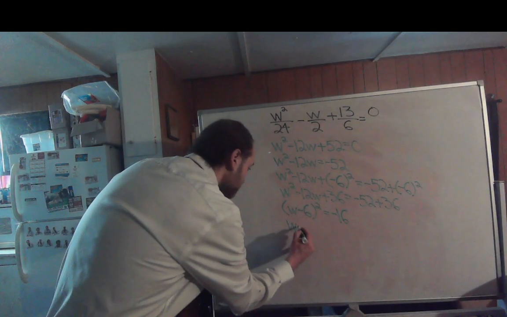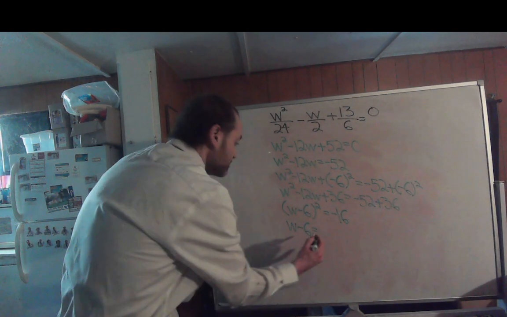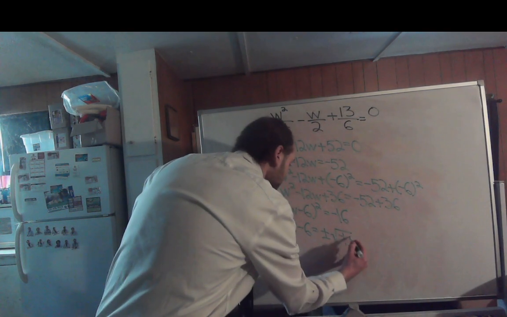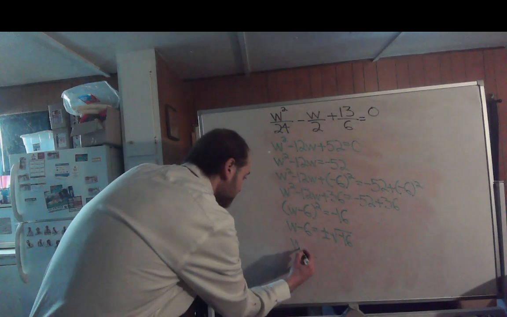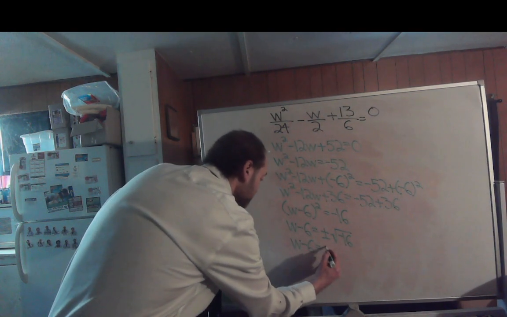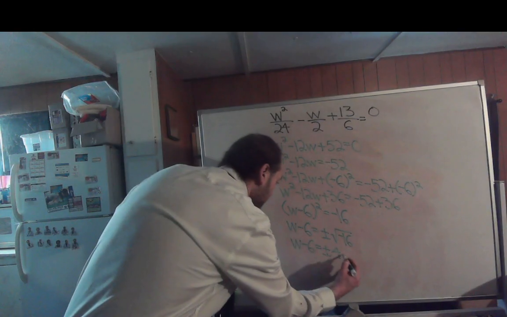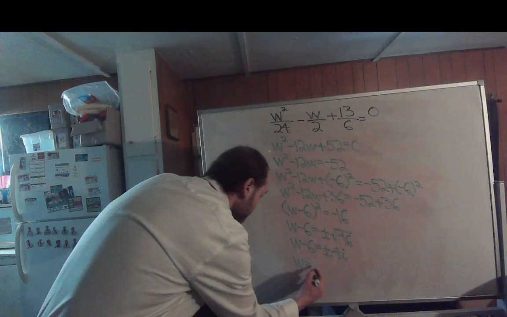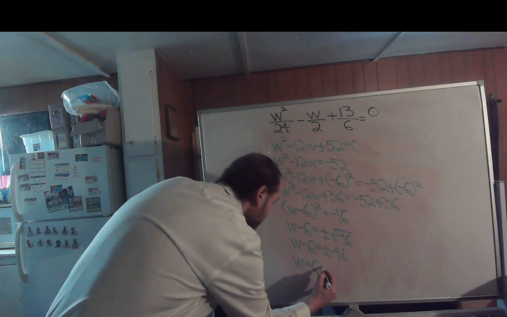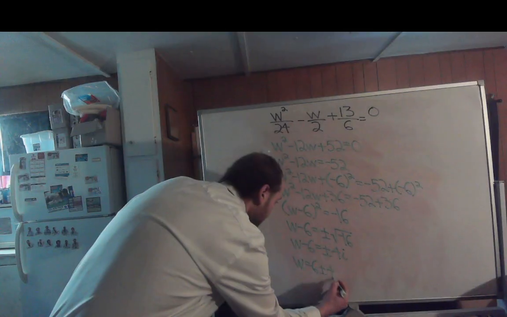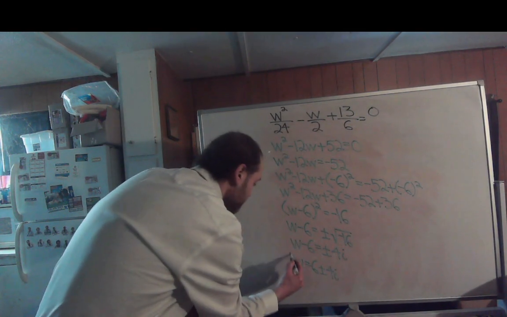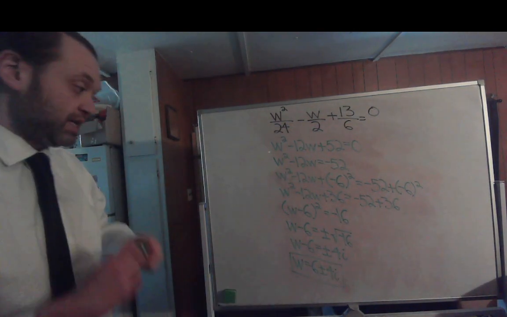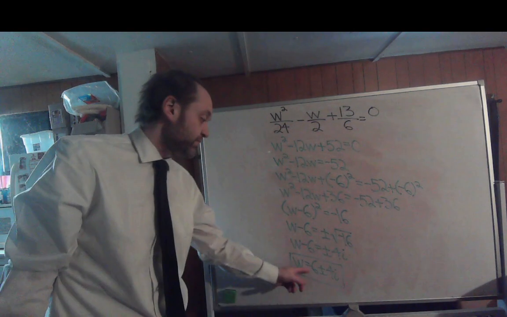You'll end up getting W minus 6 equals plus and minus the square root of negative 16, which means W minus 6 equals plus and minus 4i, which would just give you that W equals 6 plus and minus 4i. So we have two imaginary solutions. W would equal 6 plus and minus 4i.